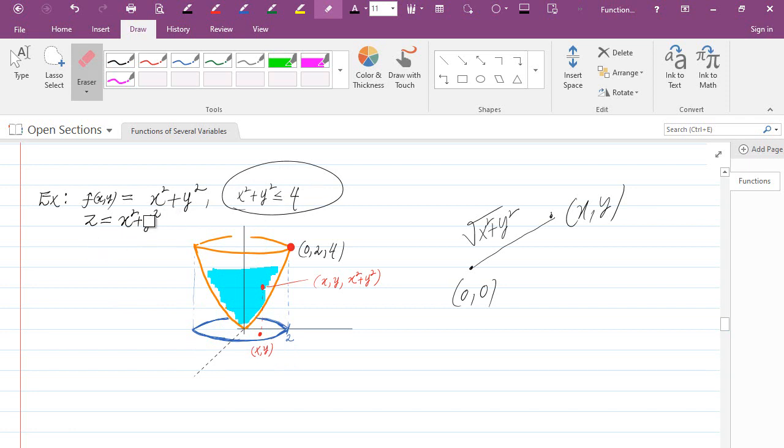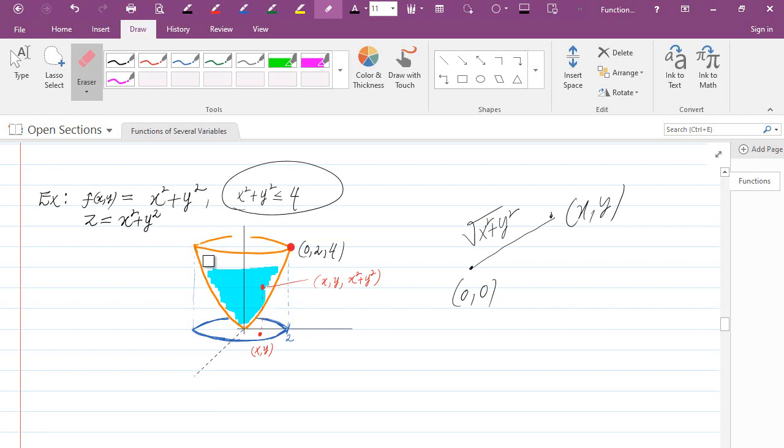And the graph of this function, well, I'm going to denote f(x,y) by z. So we're looking at the graph of the equation z equal to x squared plus y squared, and from what we have learned in the section on quadric surfaces, we know that this is a paraboloid that opens upward, and so we get this paraboloid here.